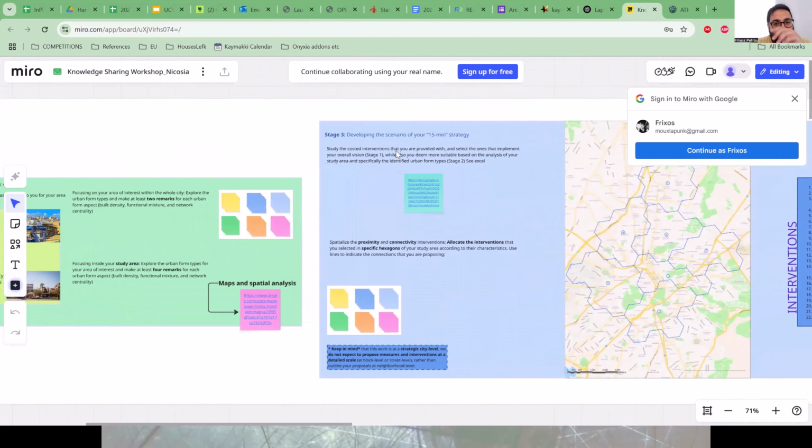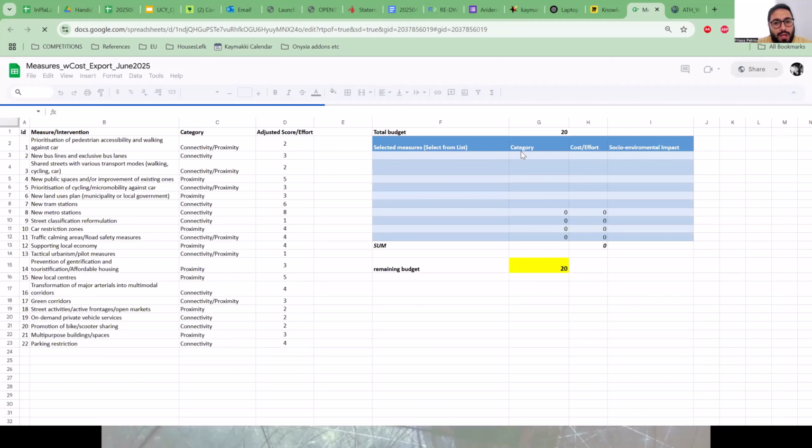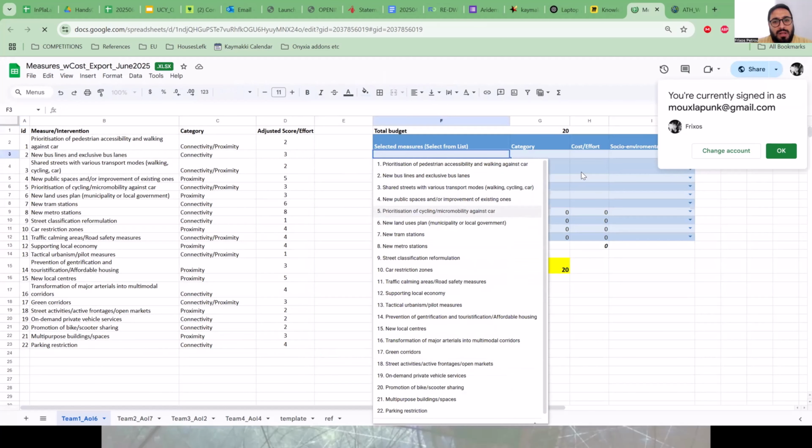Then you would develop your scenario, let's say, of your 15-minute strategy by studying the cost interventions that we have here in the link. So each team would have to select a measure from the list.